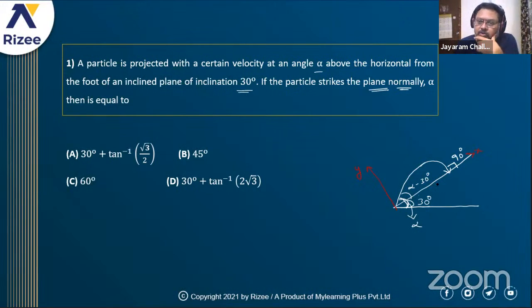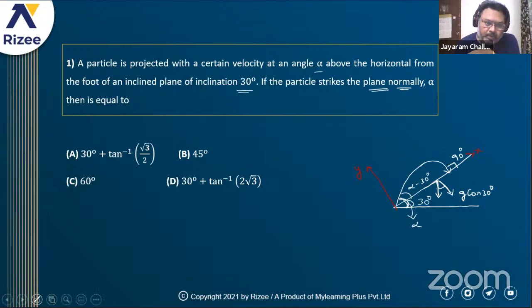Since acceleration due to gravity is acting in the downward direction, this angle is also 30 degrees. The component perpendicular to the plane, along the y-axis, is g cos 30, acting along the negative y-axis.